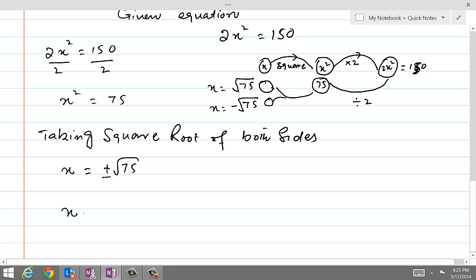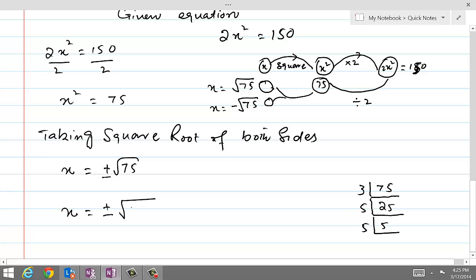Then we can simplify this 75 by taking small division. We can divide it by 3, and this will give us 25. The next prime number that is going to divide it is 5, and next is again 5.